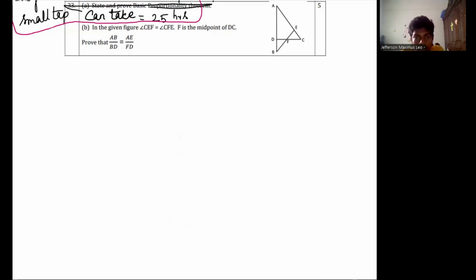Tell your ideas now. Ma'am, we can say that AD is AB by BD, because first draw a line. Should we do construction first? Yes. You need a small construction.